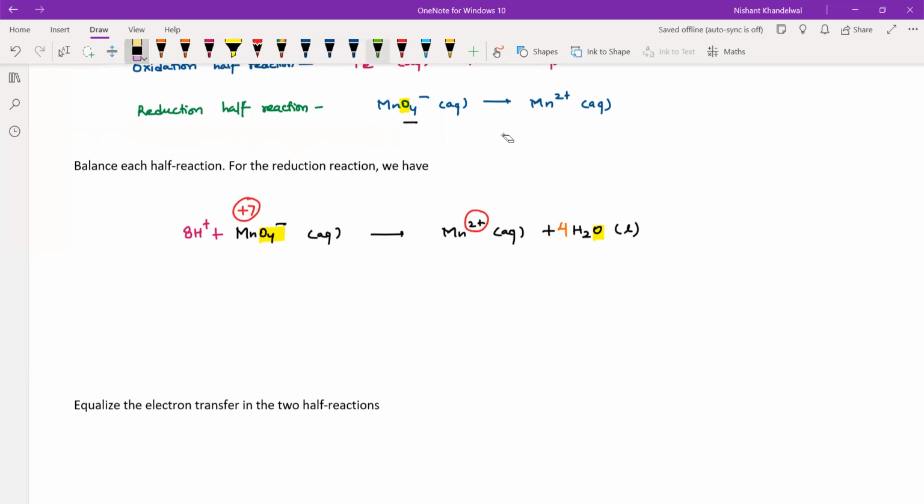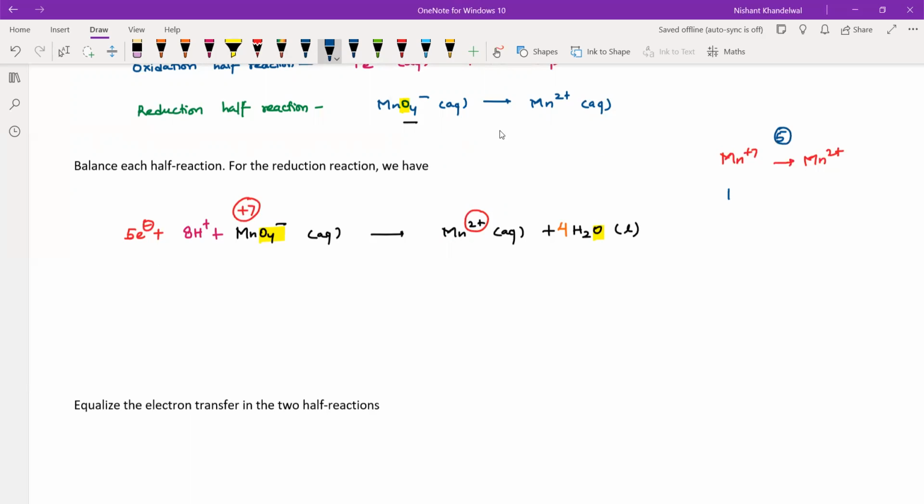So I should add 5 electrons here to balance this reaction. Again, I am doing it directly. I have to check that in changing Mn plus 7 to Mn2 plus, there is a decrease in oxidation state by 5 units.